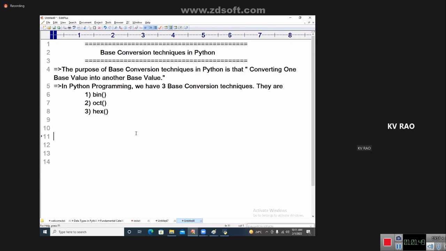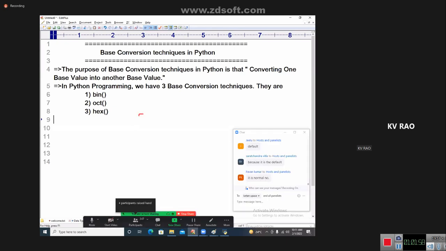If you become an expert in Python programming, you can write your own code for the bin function. If you are a doctor, you will prescribe the tablet. If you become an expert research doctor, you will prepare the tablet. A beginning student will not come and prepare the tablet.